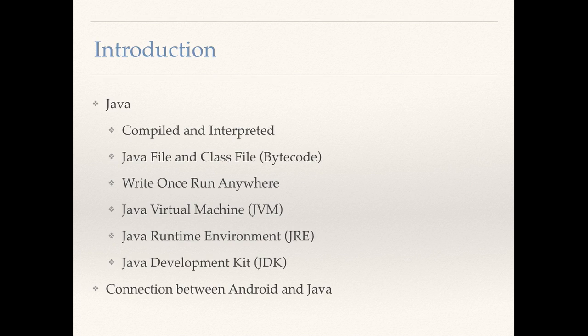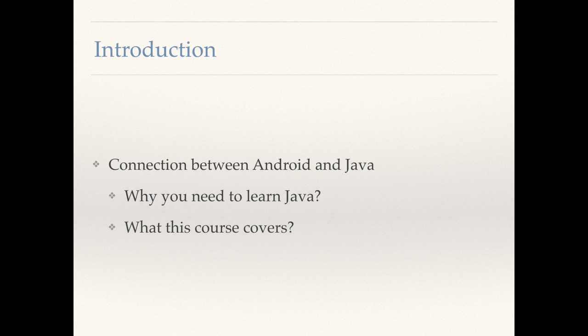And then the connection between Android and Java. Let's move on to the next slide for that. So Android is nothing but another programming methodology or kind of language for mobiles that follows Java. So Android is fully based on Java. You will create the .java file, you will create the .class file.